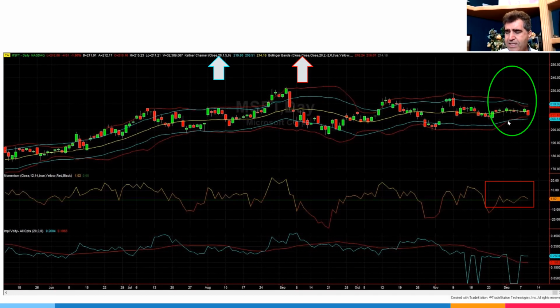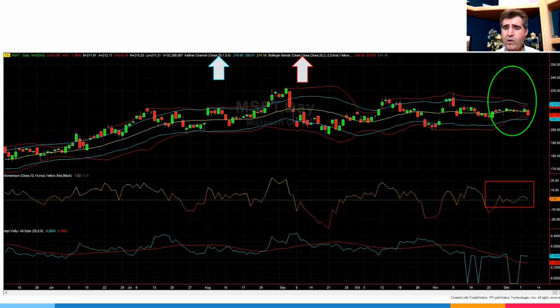And as you can see, the bands are getting closer to each other. The Bollinger Bands are narrowing. So this is a quiet time, as I mentioned, and that's what is called a squeeze. The bands are squeezing, and on top of that, the Bollinger Band is going inside the Keltner.